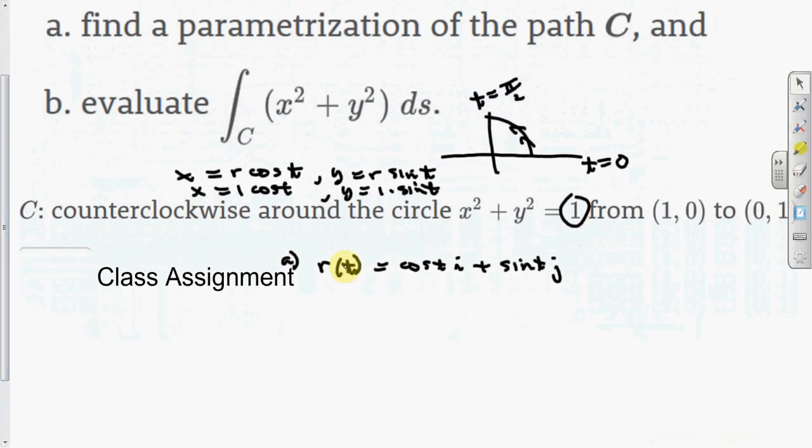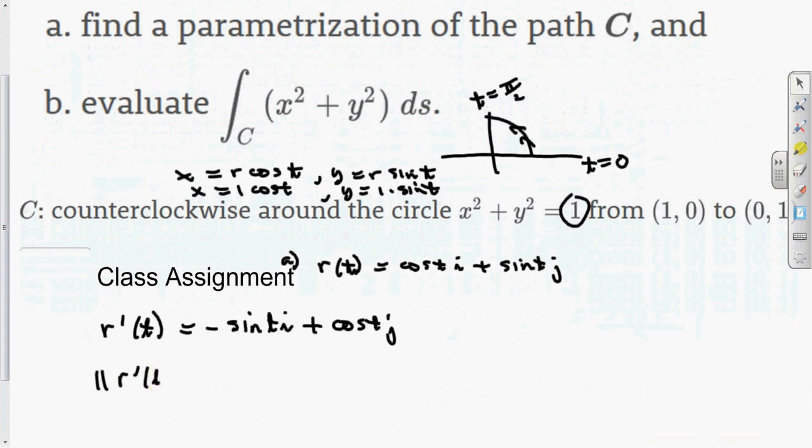This r of t, that position or path vector, is critical to everything, because that's how you build the arc length that's necessary for that integration. It becomes the foundation. If the foundation be destroyed, where shall the righteous be? If our r of t is wrong, then, buddy, we're just screwed. So r prime of t is negative sine t i plus cosine t j.